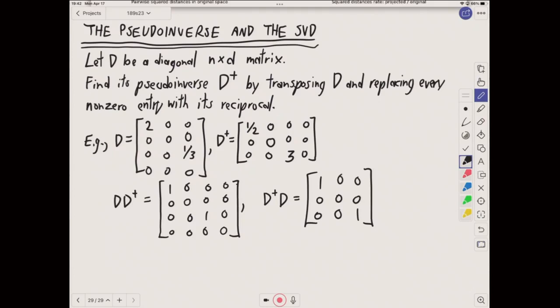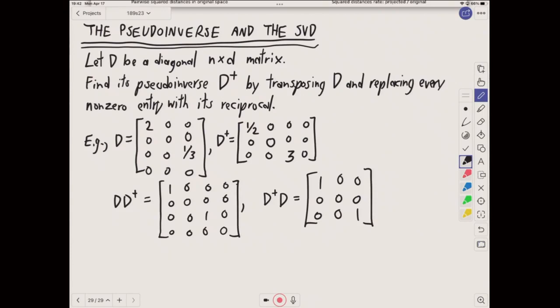All right, so when you multiply a diagonal matrix by its pseudo-inverse, you're always going to see this pattern that, first of all, you get a square diagonal matrix. Second of all, the only numbers that can be on the diagonal are 1 or 0, nothing else.